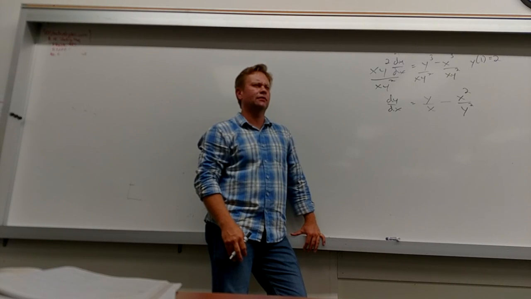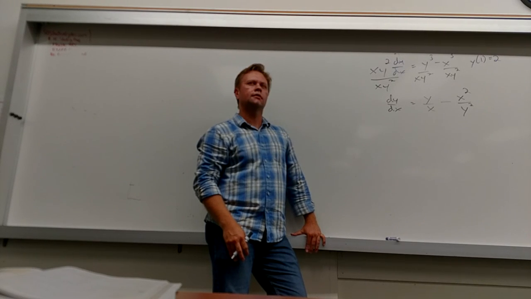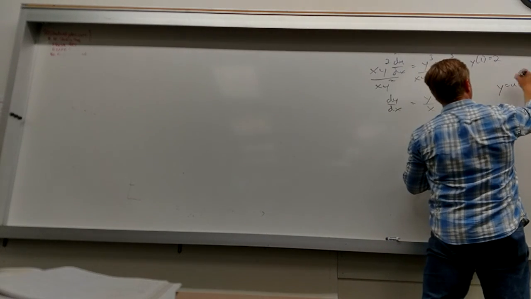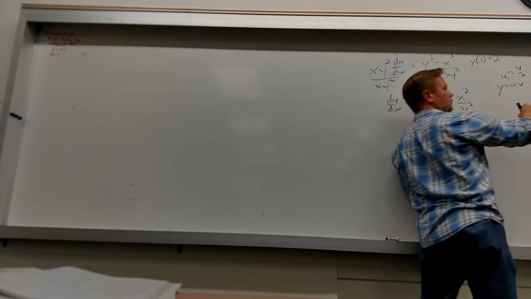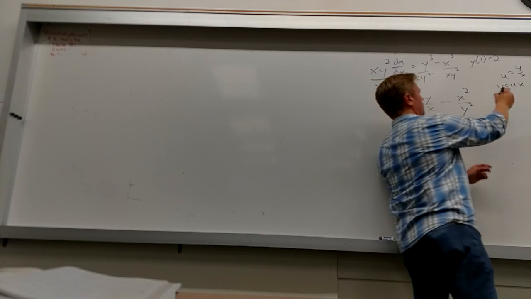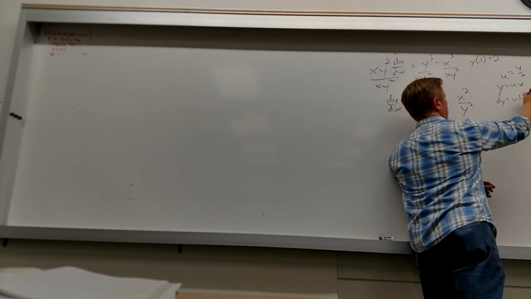Some of you guys are like, why? Then you just make u equal y over x. Right? So if you let, say, y equal ux, so u is y over x, then the dy will be u dx plus x du.